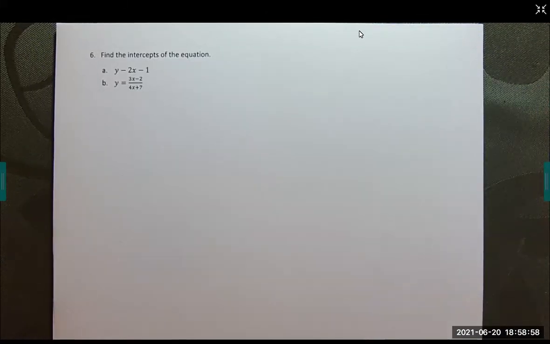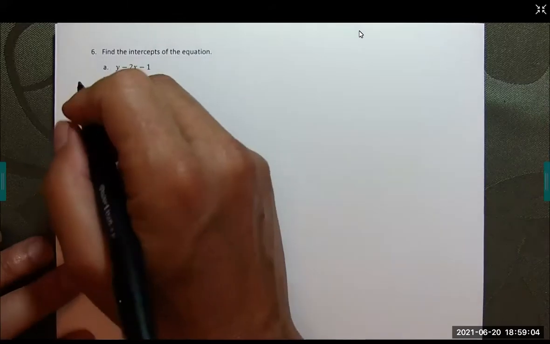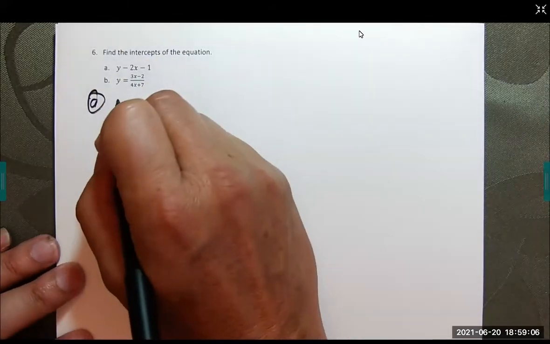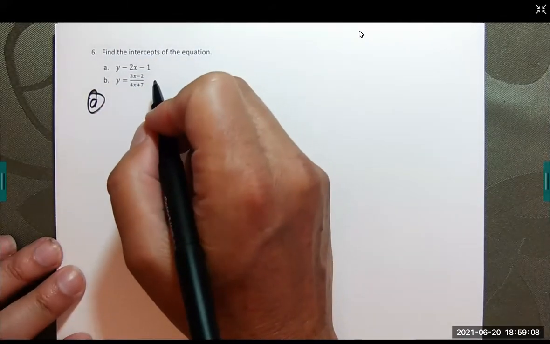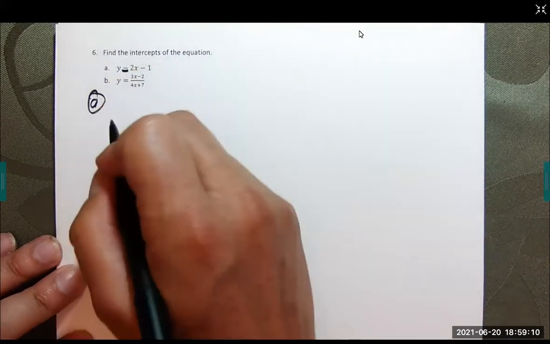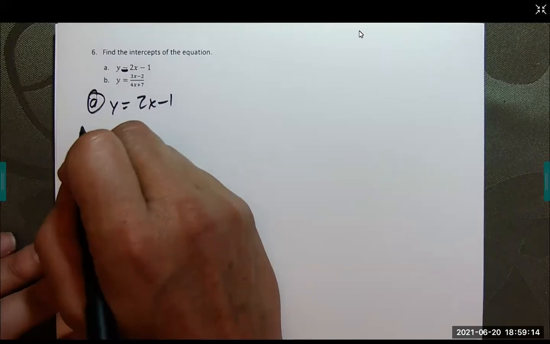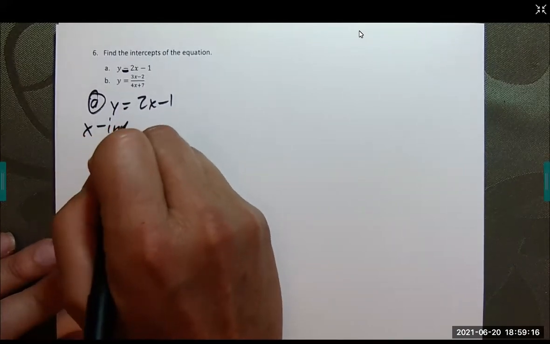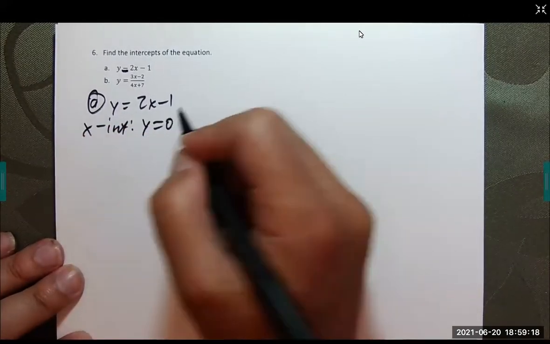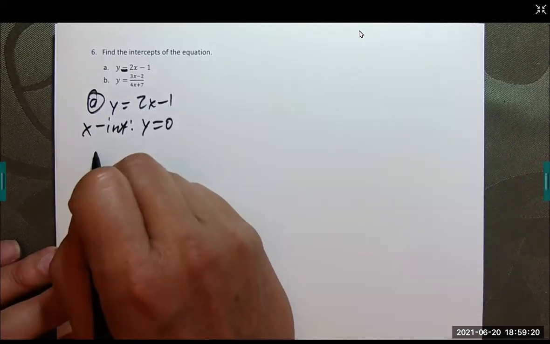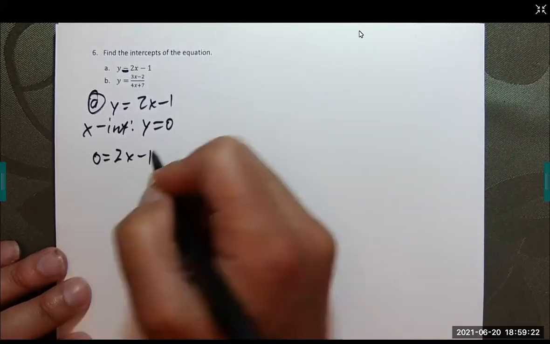Find the intercepts of the equation. All right. To find the intercepts, we'll start with A. y equals 2x minus 1. So for the x-intercept, we set y equal to 0 and solve for x. So 0 equals 2x minus 1.